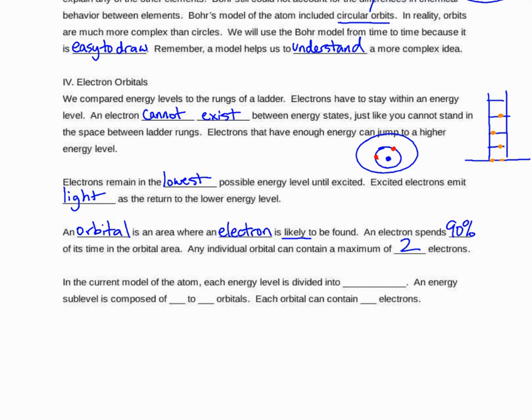In the current model of the atom, each energy level is divided into sublevels. An energy level is composed of somewhere between 1 and 7 orbitals. And remember, each orbital can contain up to 2 electrons.